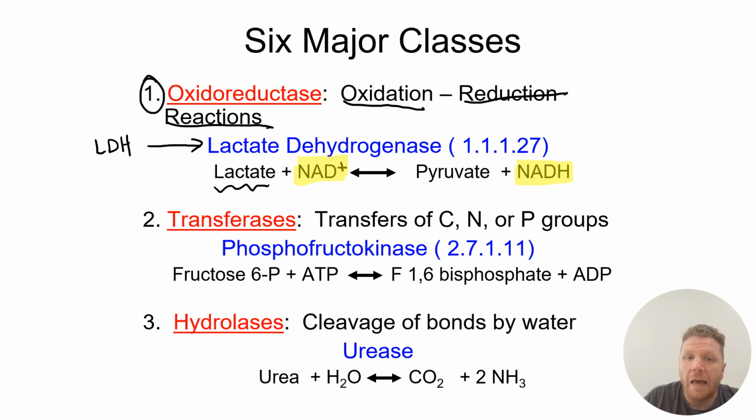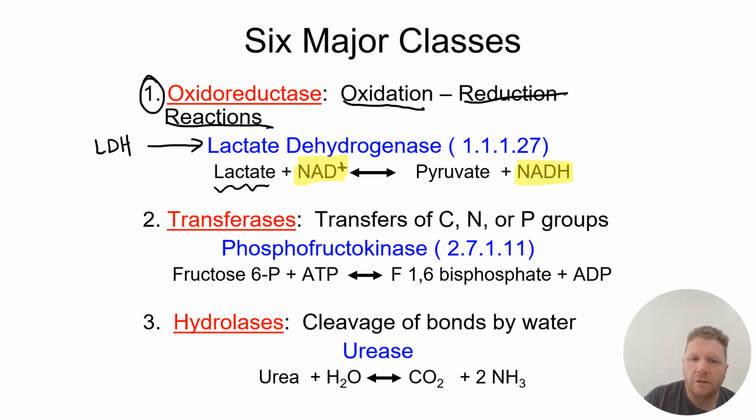So NAD plus accepts electrons from lactate to make NADH. And the opposite is also true. Lactate is produced when pyruvate accepts electrons from NADH.